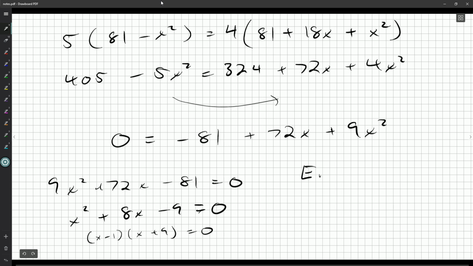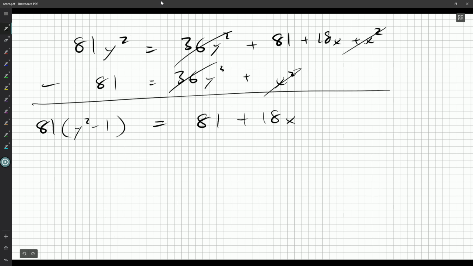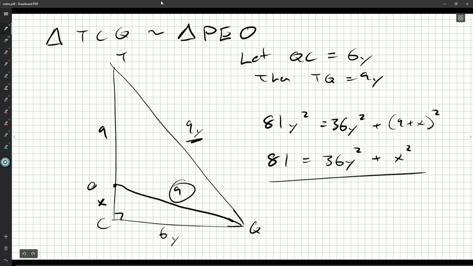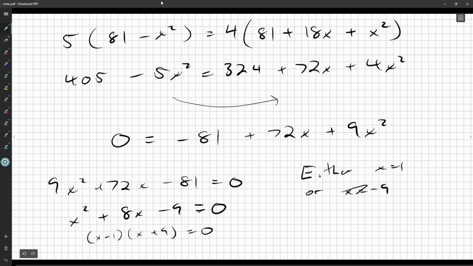So either x is 1 or x is minus 9. Well, minus 9 can't be a length, but more than that, based on the direction of the picture, they're talking about T. So we would have a degenerate triangle, because C and T would be the same length. So pretty easy to dismiss that one. That tells me x is 1.